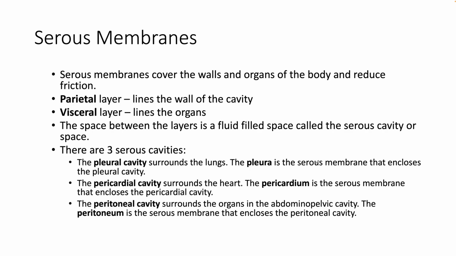And the peritoneal cavity is the one that surrounds the organs in the whole abdominopelvic cavity. Remember, there isn't a defining structure that separates the abdominal cavity from the pelvic cavity. So the peritoneum would be the serous membrane that encloses that cavity.